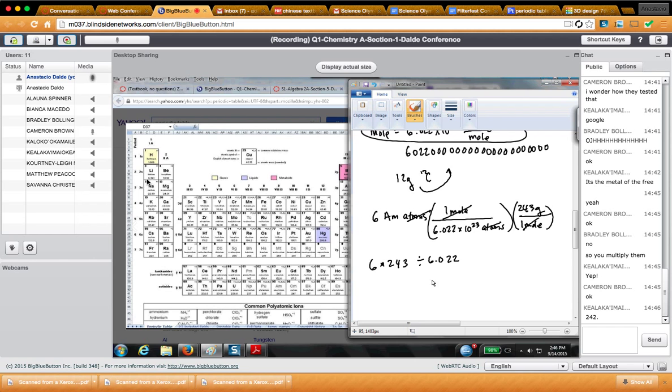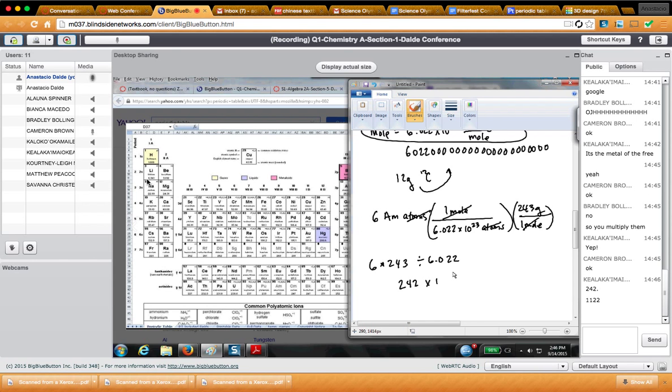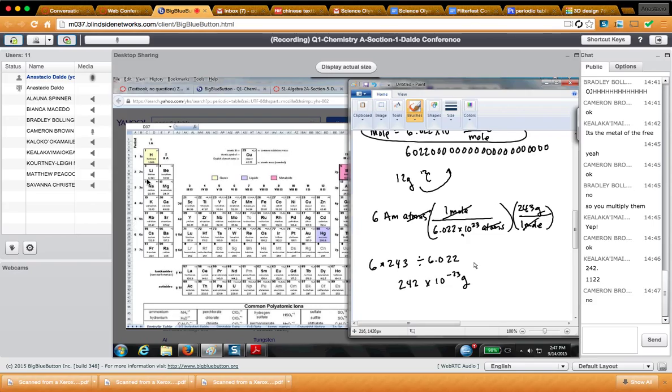242 times 10 to the negative 23 grams. Do you understand why I did times 10 to the negative 23? Because this times 10 to the 23 over here is in the denominator.